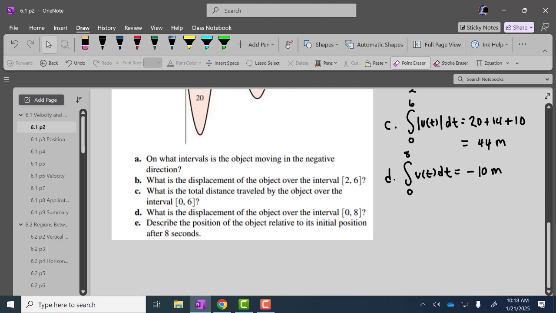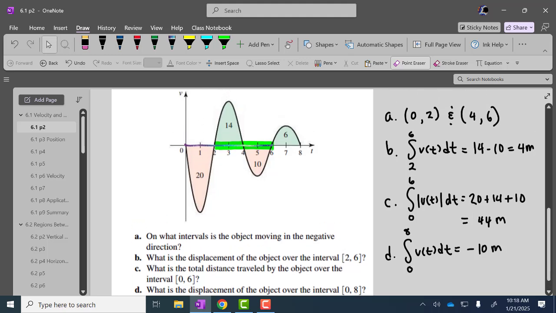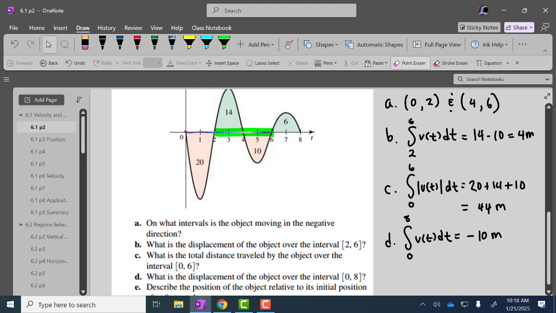Describe the position relative to its initial position after 8 seconds. This picture here tells us the velocity at each time value between 0 and 8. Does it tell us the position at time 0?